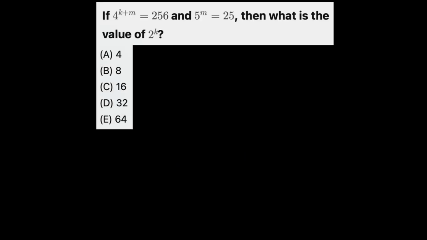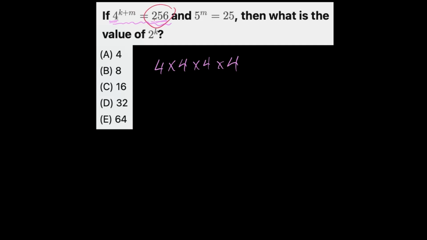So here's another example. Starting with this equation here, we have to realize that 4 and 256 are powers of the same base. Both of those numbers are 2 to some power, and both of them are 4 to some power. So let's stick with the 4s just to pick something. 256 is 4 times 4, which is 16, times 4 more, which is 64, times 4, and that gets you to 256.